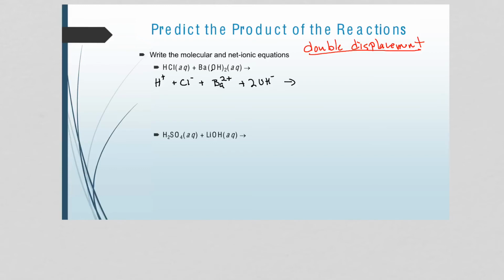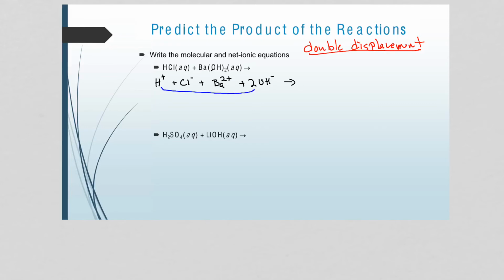So I've identified the ions present. What do I do now? I do my double displacement. I swap my ions. So again, the positive ion from the first one is going to combine with the negative ion from the second one. And again, what did I say about neutralization? One of the products is always water.